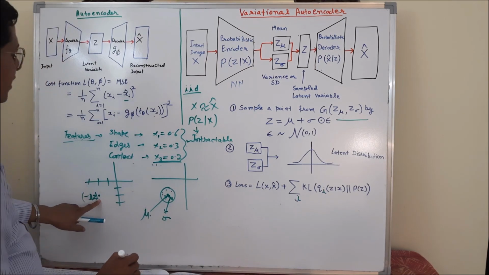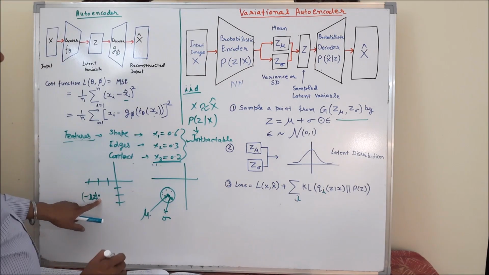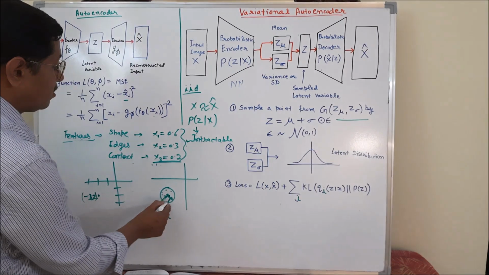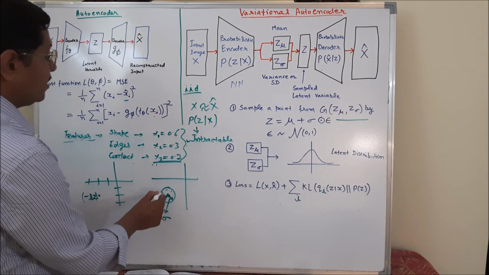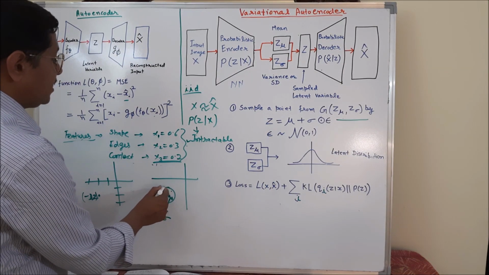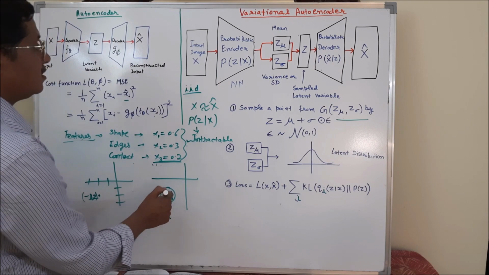For example, here we have just a fixed option to select one point, but here we have a lot of options to select points near to the mean and inside standard deviations.